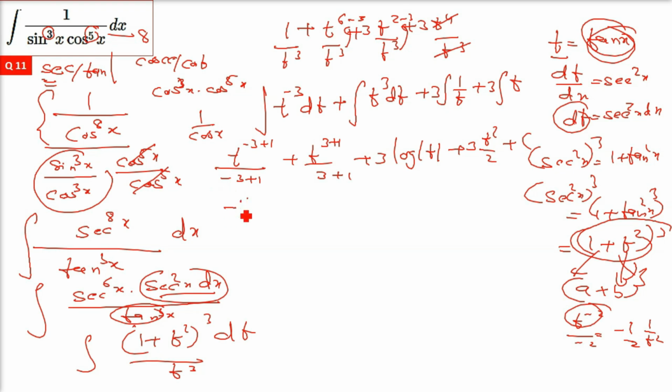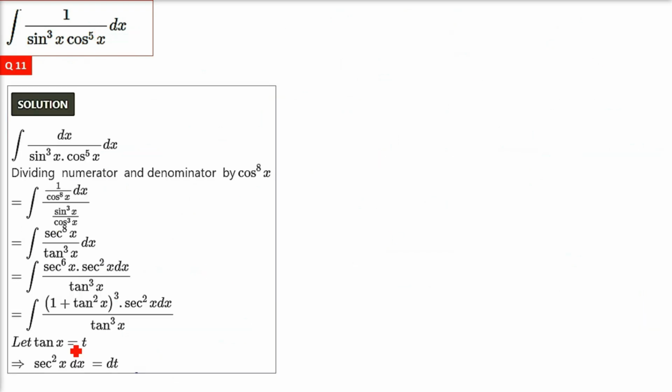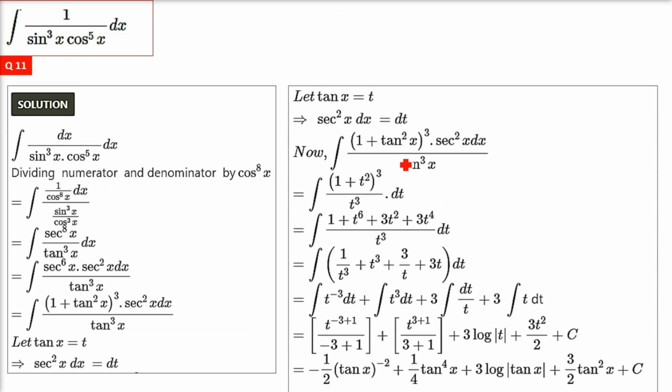So minus 1 by 2, and what is in the denominator? t², so it will be tan x whole square, plus t⁴ by 4, so 1 by 4 tan⁴x, plus 3 log modulus of tan x, plus constant of integration. Before that we have to write tan²x by 2 for 3t² by 2. So this is the whole answer. Okay, this is the final solution. This is the way you are going to write it.